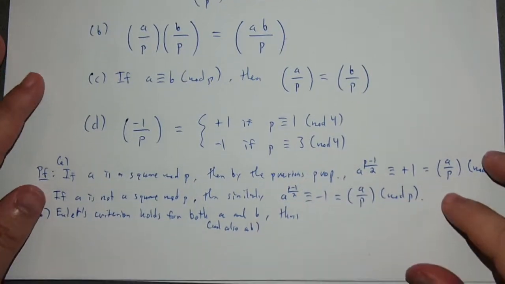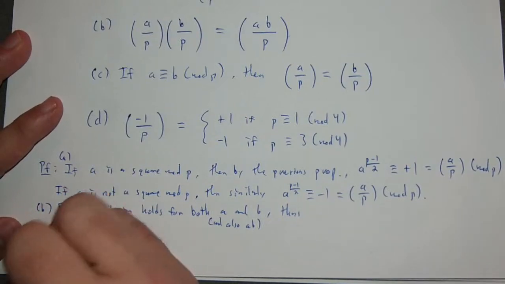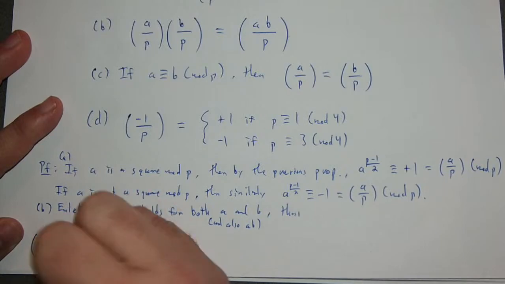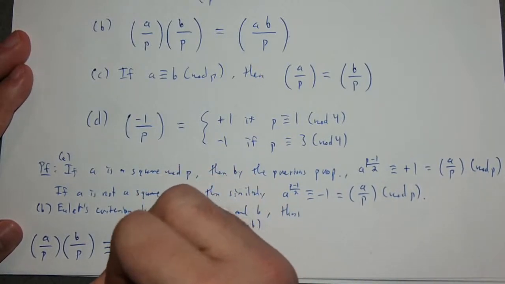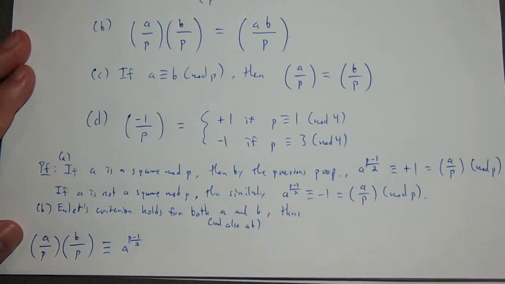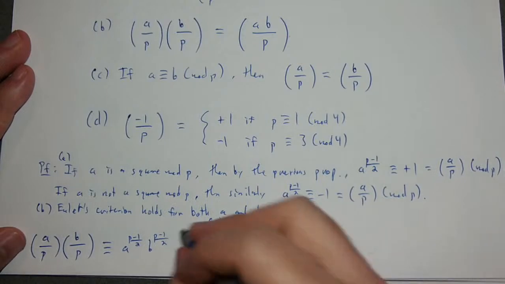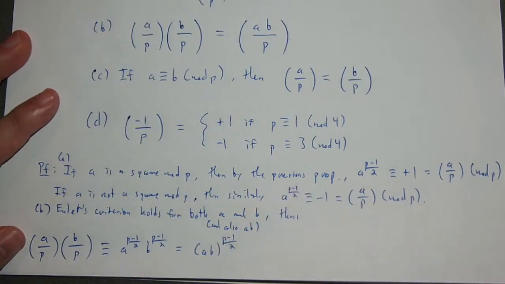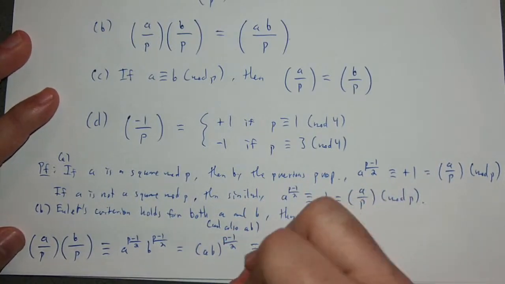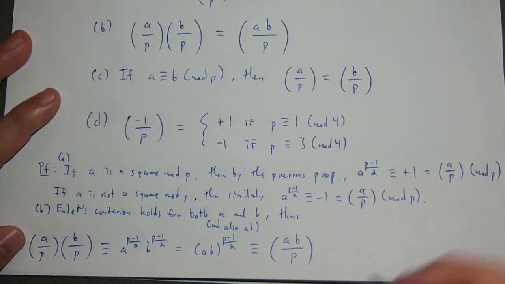Thus, I get a string of congruences here. A on P times B on P, by Euler's criterion, is congruent to A to the P minus 1 over 2 times B to the P minus 1 over 2. But of course, that's just equal to AB to the P minus 1 over 2. But by Euler's criterion, this is congruent to A times B on P mod P.